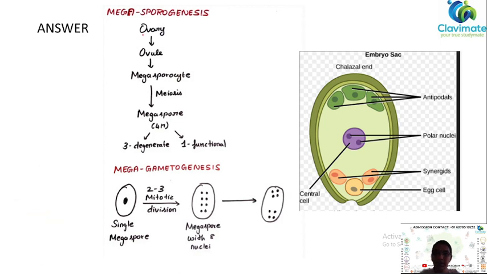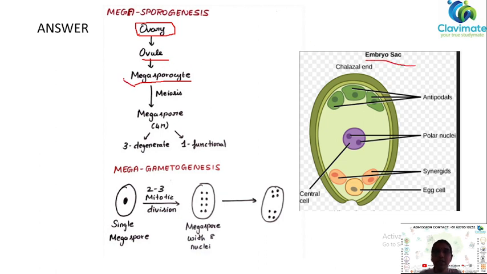So we have Megasporogenesis. Where does Megasporogenesis start? It starts in the ovary, ovary of the flower. So this ovary will contain ovule. So in the ovule there is a structure called megasporocyte. This megasporocyte will develop into an embryo sac.